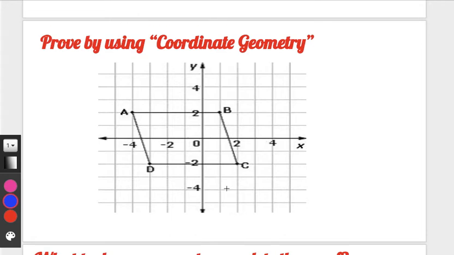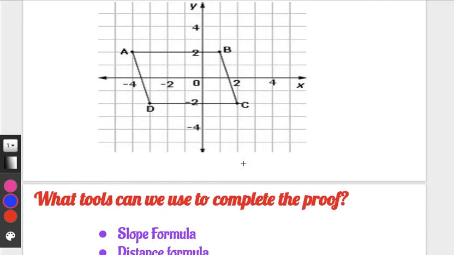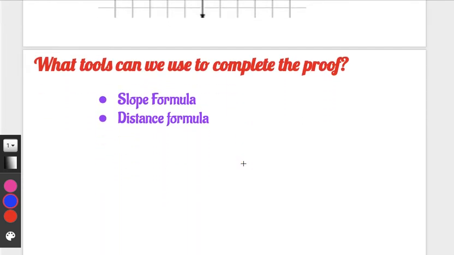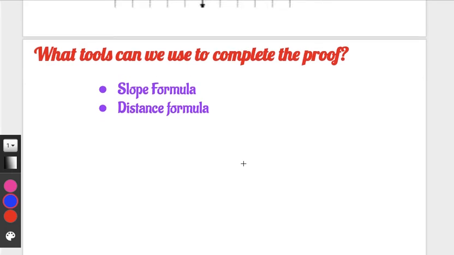Are you going to prove they are parallel? Are you going to prove the sides are congruent? Things like that. So we use the coordinates of the points, and then we also choose a proper formula, which we are going to go over, to complete this proof.